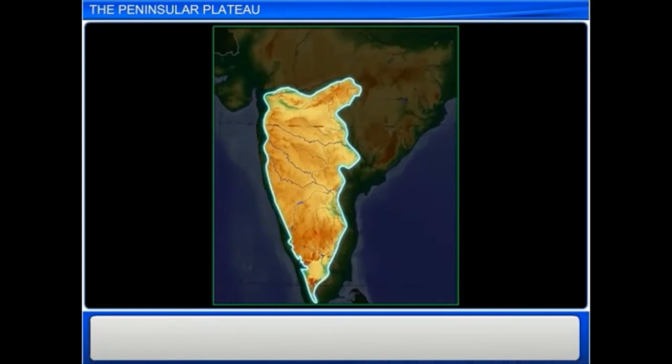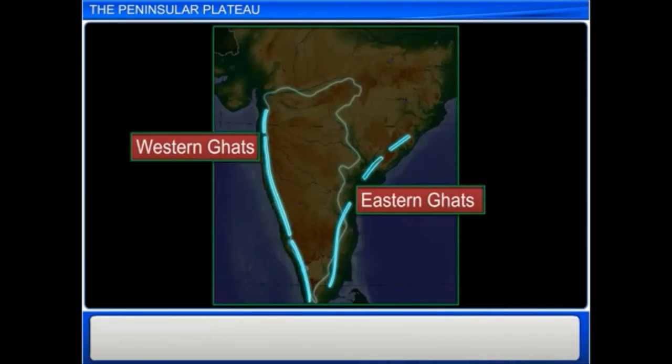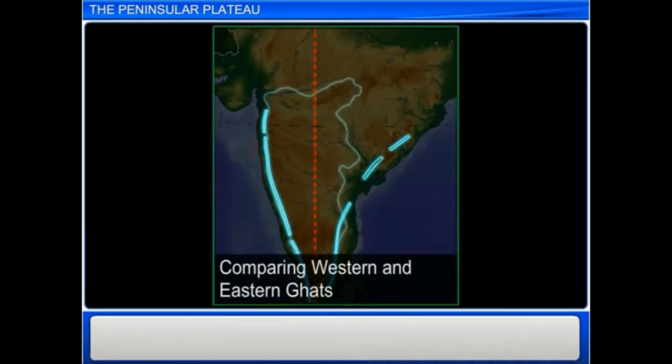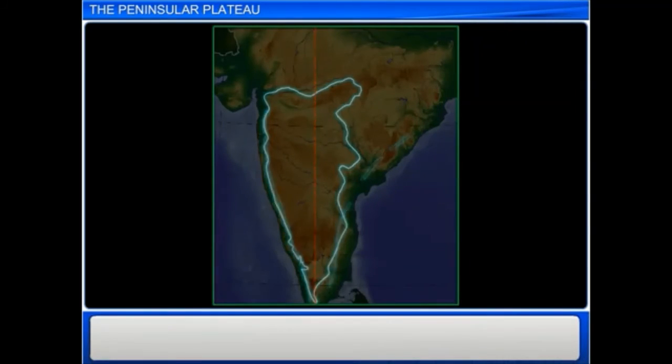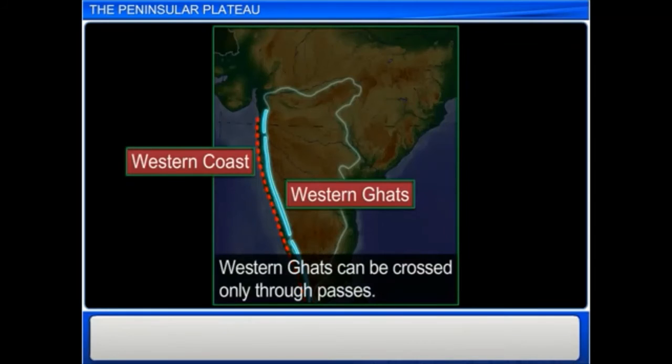With the Deccan Plateau, you will observe that it is bordered by the Western Ghats on the west and the Eastern Ghats on the east. If you compare the ranges on both sides of the Deccan Plateau, you will see a number of interesting differences. The Western Ghats lie parallel to the western coast. They are continuous and can be crossed through passes only.